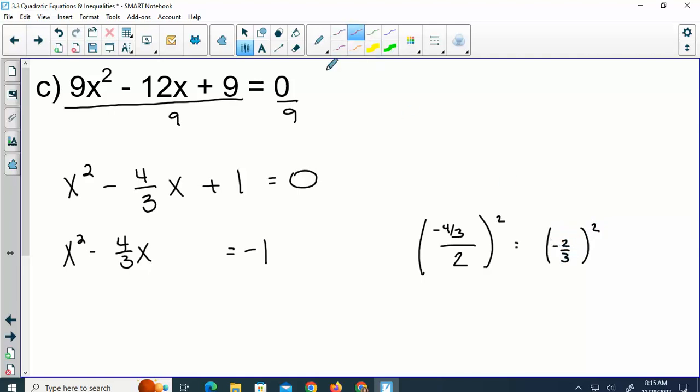So when we square that, negative 2 squared is 4, 3 squared is 9. So this should factor into something squared because we made a perfect square.